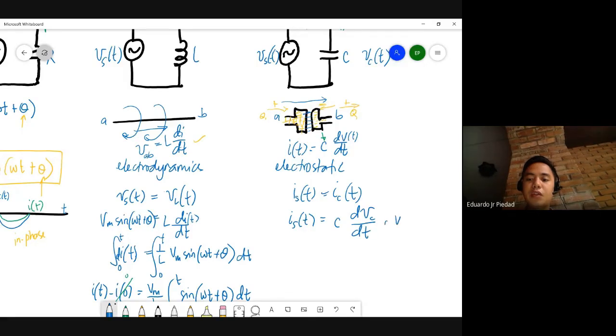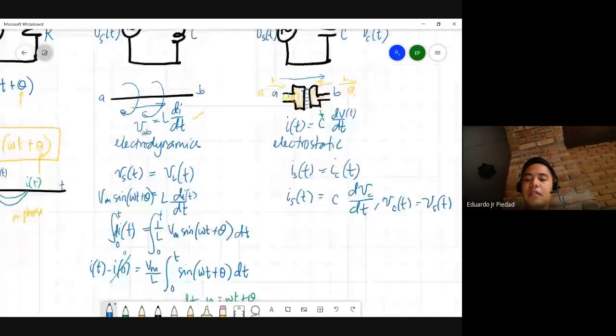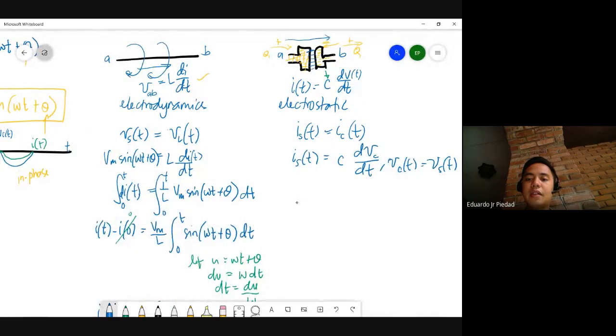Now the voltage across the capacitor is equal to the voltage across the source, Vc of t is equal to Vs of t. It's obvious, so the polarities are the same, and the current is the same. So we have Is of t equal to C dVs of t divided by dt.